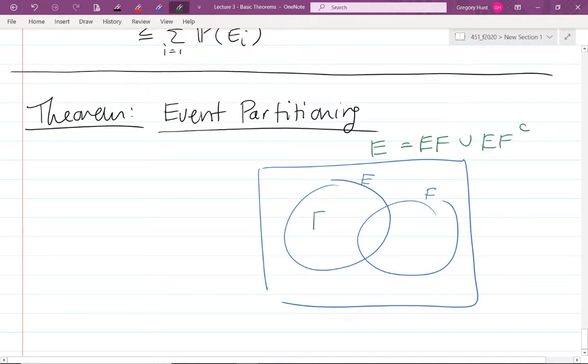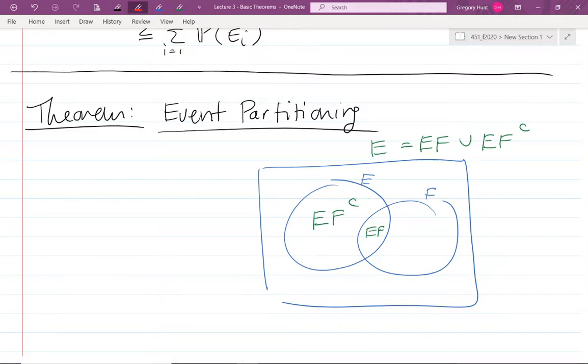So this is E intersect F complement, and this is E intersect F. And E is the union of them. So you can always partition an event based on the intersection or not with some other event.